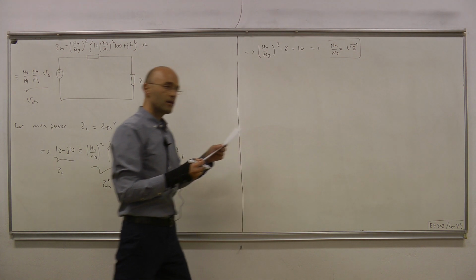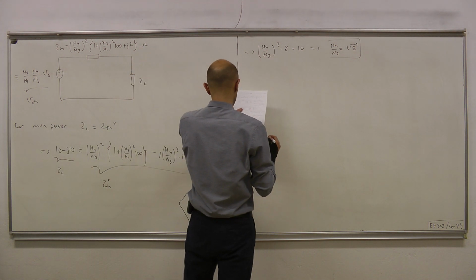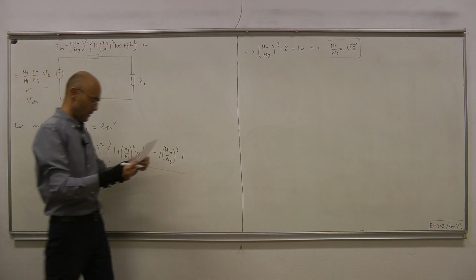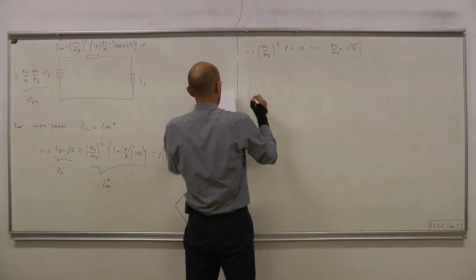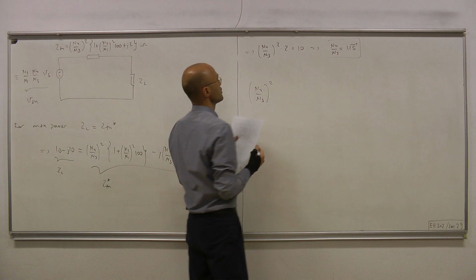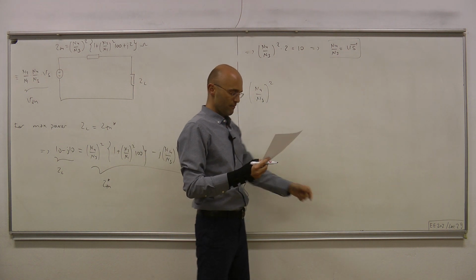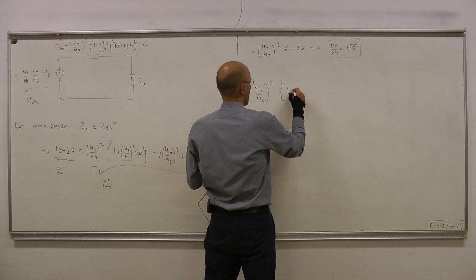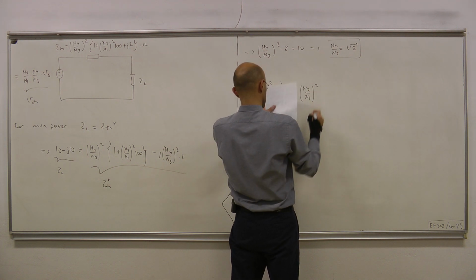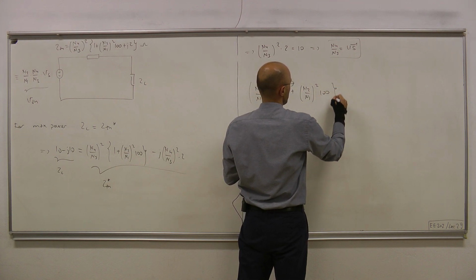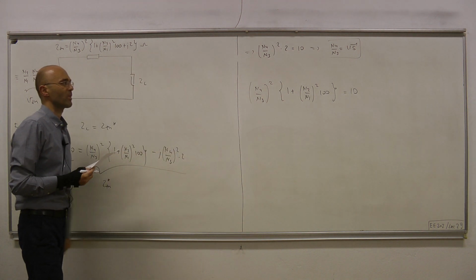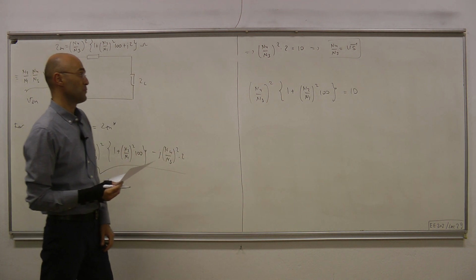As for the other turns ratio, we look at the real parts. 10 must equal this thing here. What we have therefore is N4 over N3 squared, which is 5, times 1 plus N2 over N1 squared times 100, must be the real part of our load impedance, which is 10.